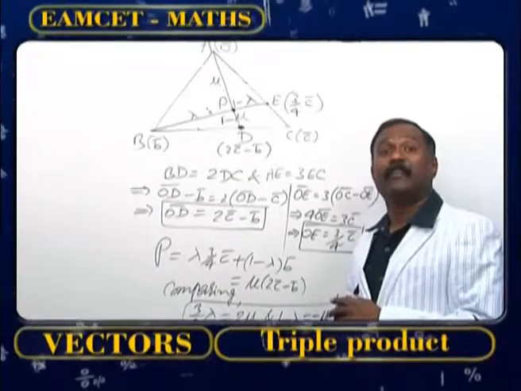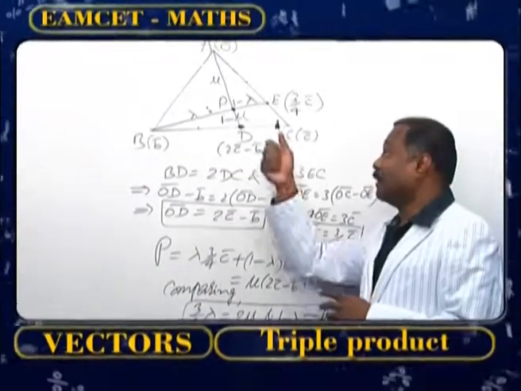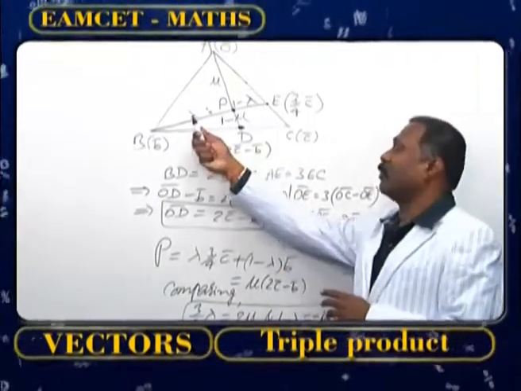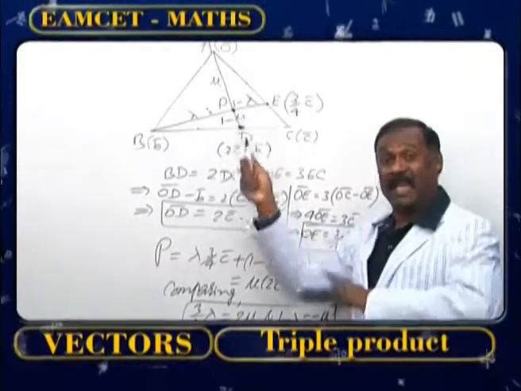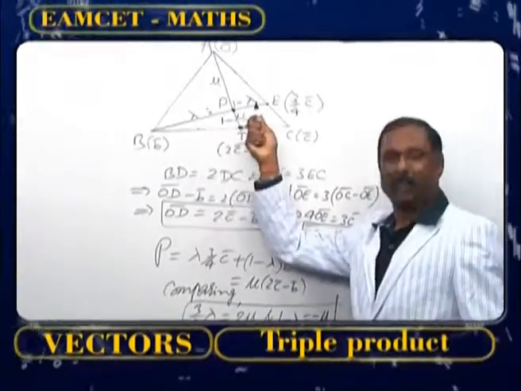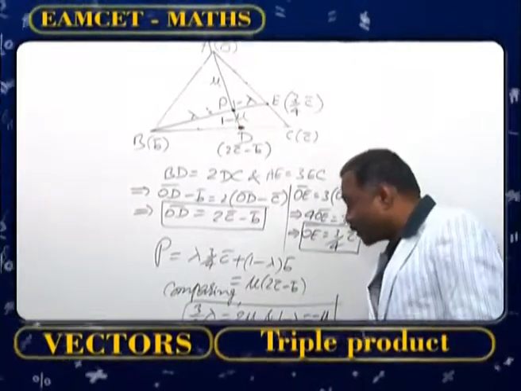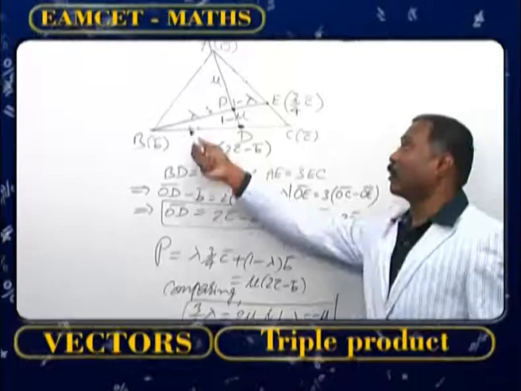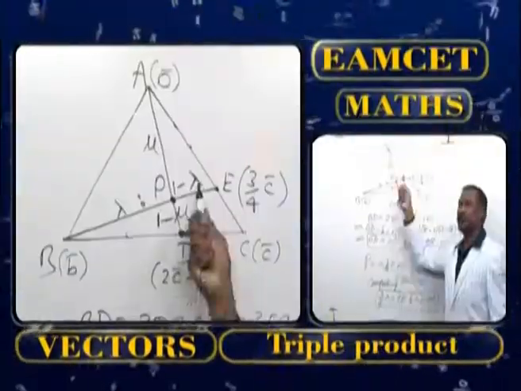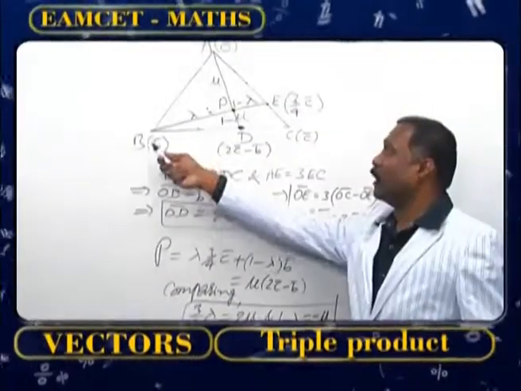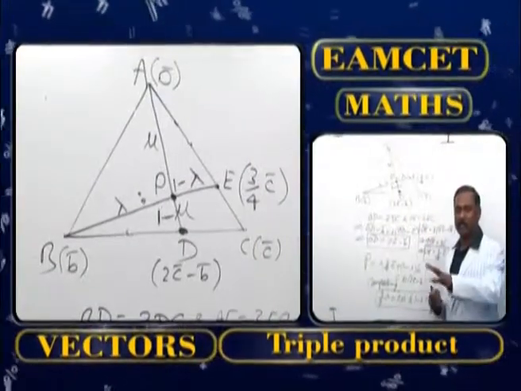If you take it as lambda is to 1, you'll get lambda directly, but here after getting the value of lambda, you substitute. Lambda is to 1 minus lambda will be the required ratio, thereby giving BP by PA. That's what we require.